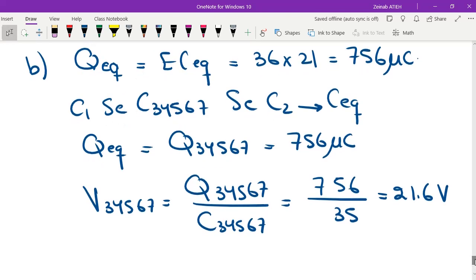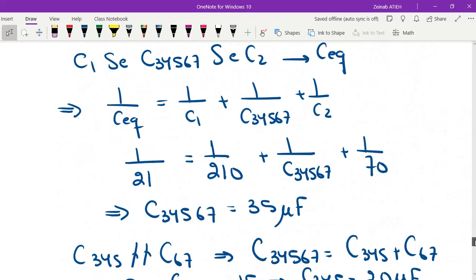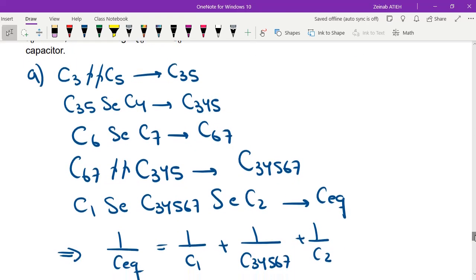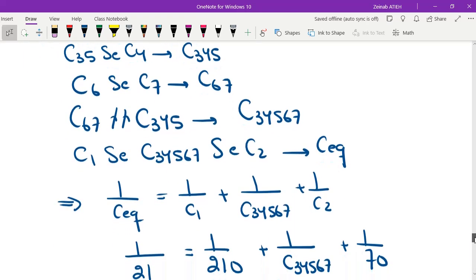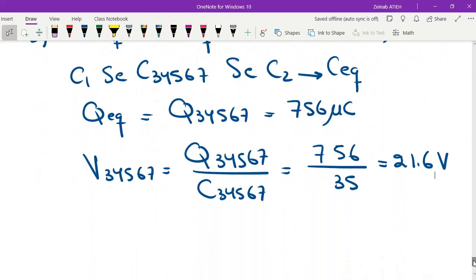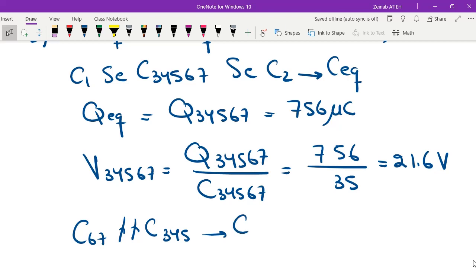Now let's see who was in place of C3 4 5 6 7. Let's go up and see. In their place was C6 7 in parallel with C3 4 5, which gave us C3 4 5 6 7.